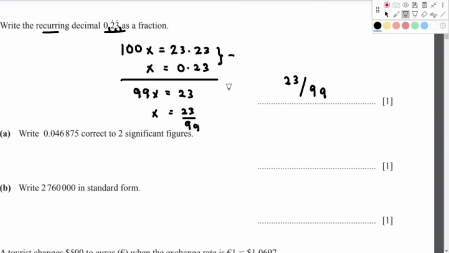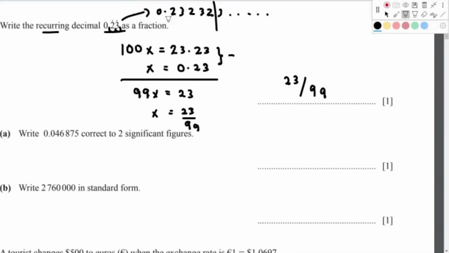But if 0.23 times 100 is 23... Sorry? 0.23 times 100 is... No, here it's recurring. So it has to be 0.232323. It keeps going on. Okay, so we just stop at 4 places, like that.